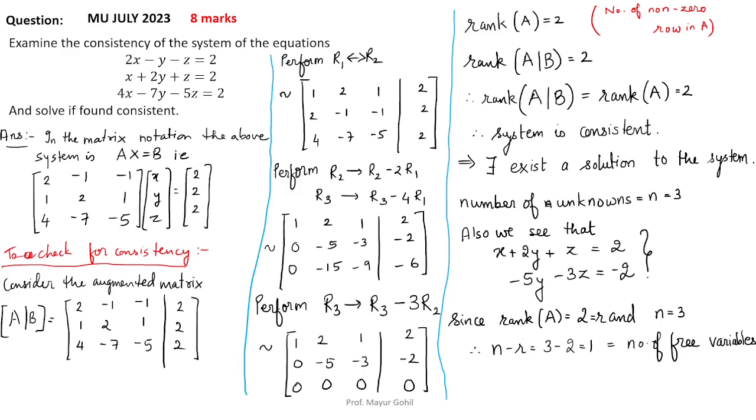From these two, I'll call this a star, and we will use it further. So from star, we have minus of 5y minus of 3z is equals to minus of 2, which is the same as 5y plus 3z is equals to 2.